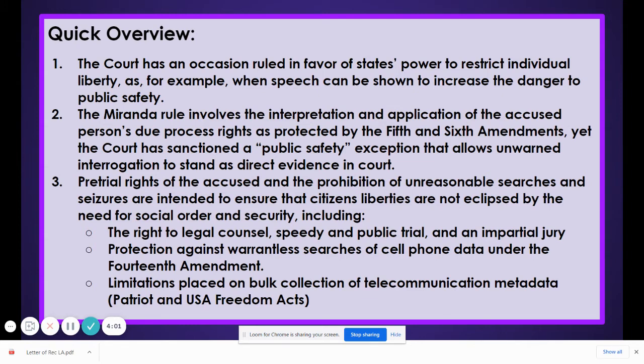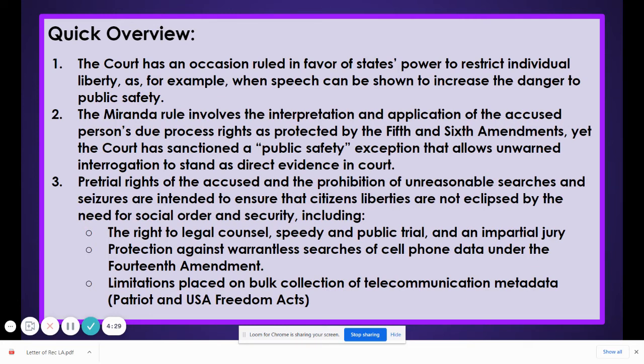And following 9/11, we had the Patriot Act and then the USA Freedom Act, which places limits on bulk collection of telecommunication metadata. Basically, under the Patriot Act, which was passed after 9/11, they were allowed to do wiretapping of people they suspected of ties to terrorist organizations, but there were limitations put on that.